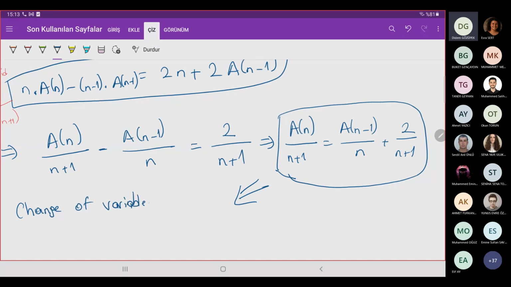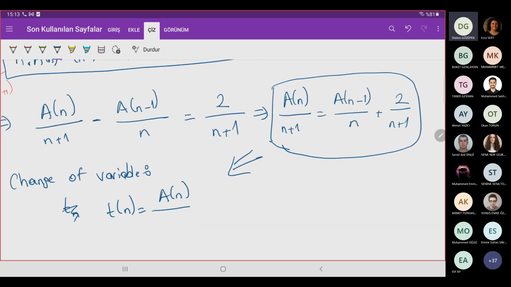Let's write T(n) is equal to a(n) over n plus 1, okay? So it means that T(n) is equal to T(n-1) plus 2 over n plus 1, right?